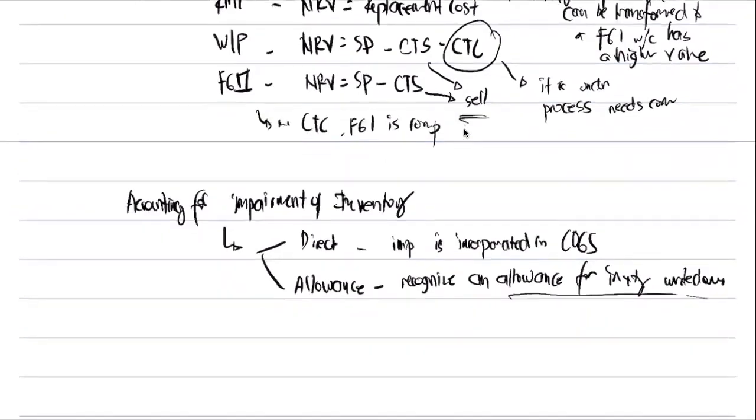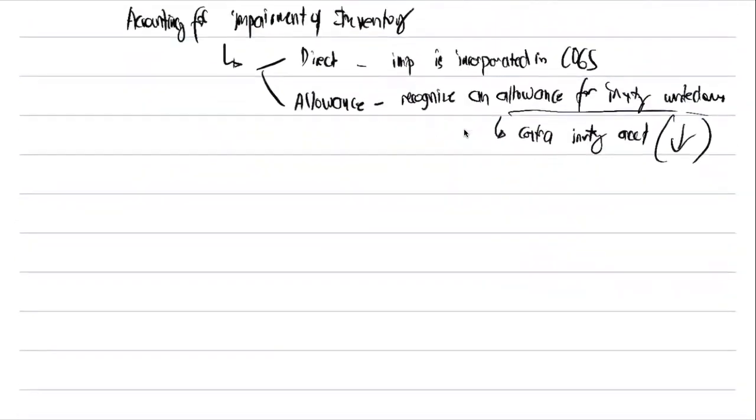This allowance for inventory write-down is a contra inventory account. Okay, so it will decrease the inventory. So what are the differences between your direct and allowance? So we have your direct, we have your allowance.